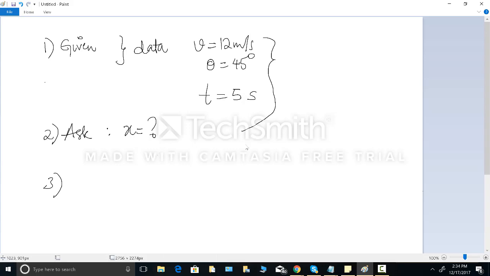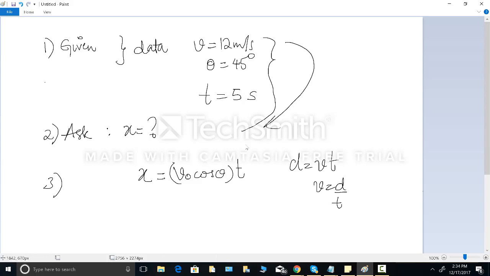With some practice and exposure to the kinematics equations, we would know that the horizontal distance traveled by a projectile is the x component of the velocity times the time. This is just the application of the basic formula, which is distance is velocity times time, or velocity is distance over time, however you can easily remember it. So now we have a formula that connects the first to the second, and that gets you the answer, basically. But this is a very simple question.